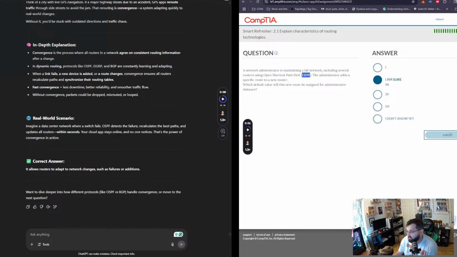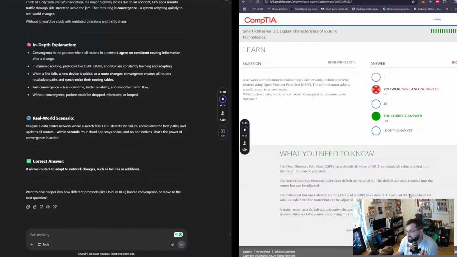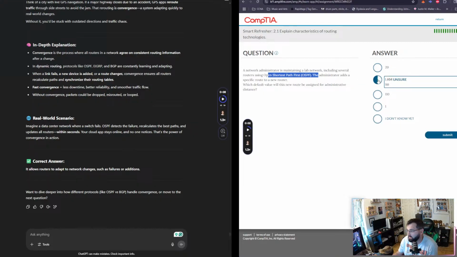That one is 90. Buddy! It's 110. What's 90? Ugh. Default static route is 1. It's 90.